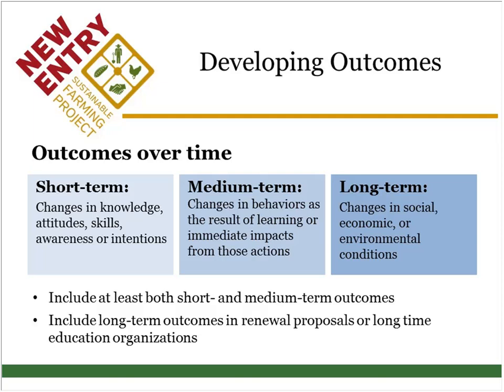However, if you're working on a renewal proposal or your education organization has been doing beginning farmer training for a long time, they'd more likely want to see more long-term types of things. And long-term can also just be basic farming information of how many have started farming independently and how many are continuing to farm.